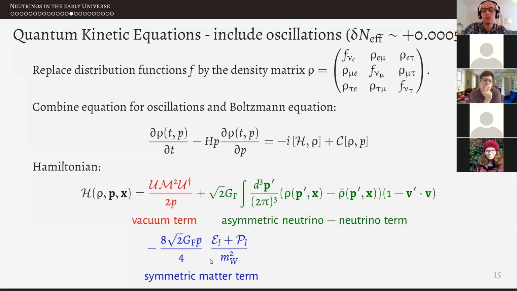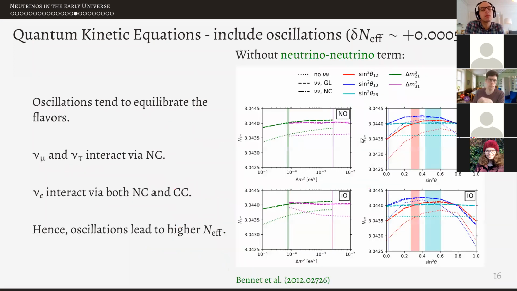This term is then a higher order term, and it's suppressed by the mass of the W boson squared compared to the usual matter term. But still, this turns out to be the dominant matter term in the early universe. So if we take this Hamiltonian and put it into our quantum kinetic equation, and modify the collision term also to take into account that we now have matrices and not just scalar functions, then we can figure out how large a correction to N_eff we get.